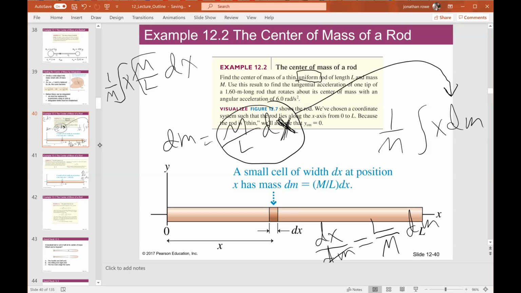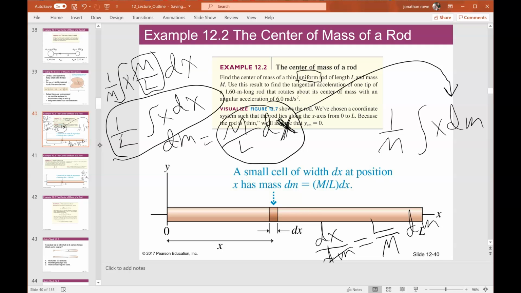And m over L is a constant, so now that comes out. When that comes out, I've got m on top and m on bottom. So now it's just 1 over L integral of x dx.